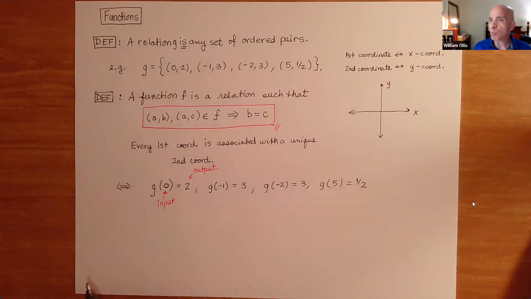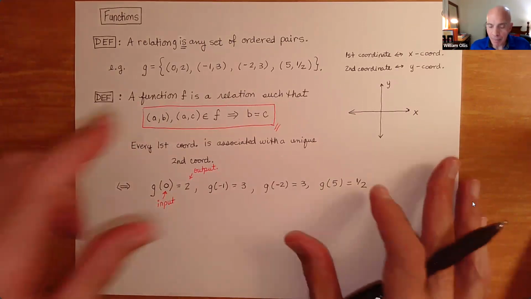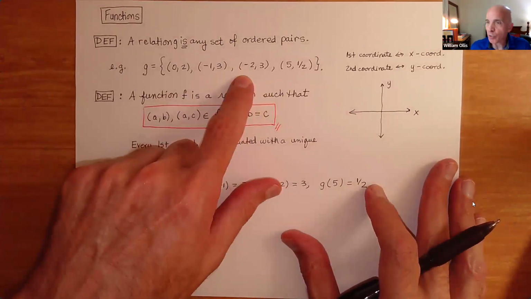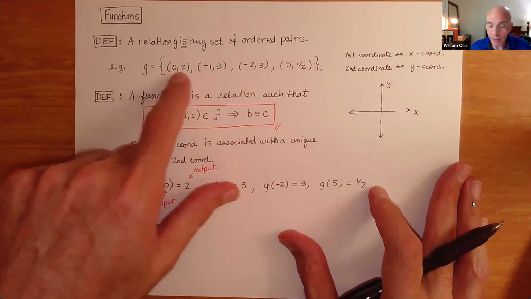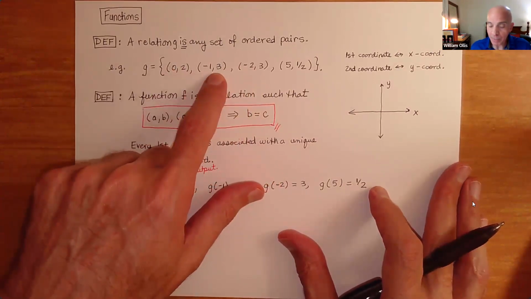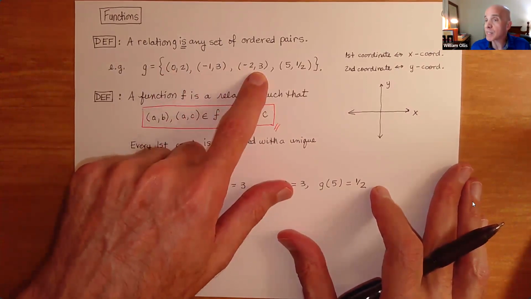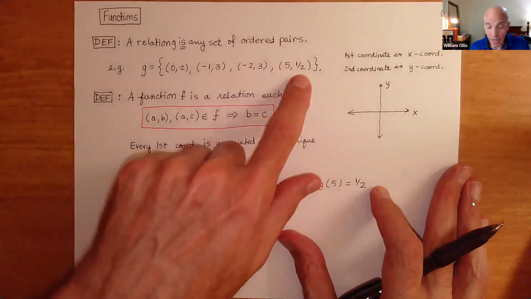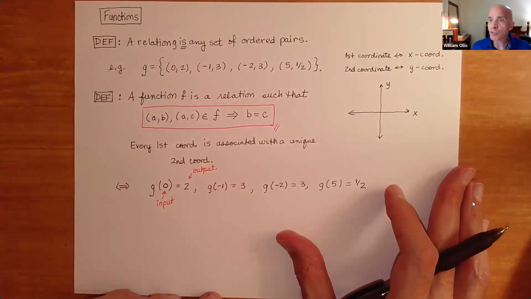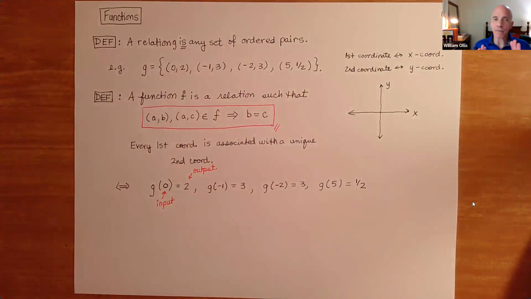So when we have a one-to-one function, not only do we have a function, but an instance like this would not occur. If G were one-to-one, then -1 could be mapped into 3, and then -2 would be mapped into some other number besides 3, 1/2, or 2. So if we thought of the set of inputs and the set of outputs, all the outputs would only have one person at home.